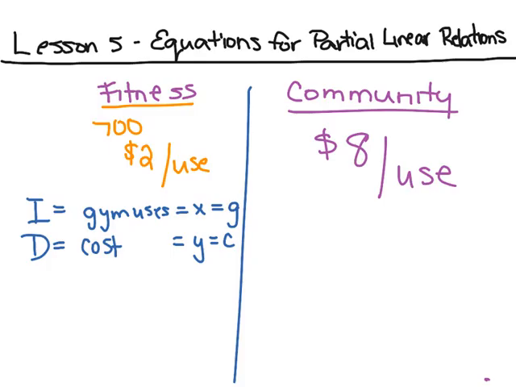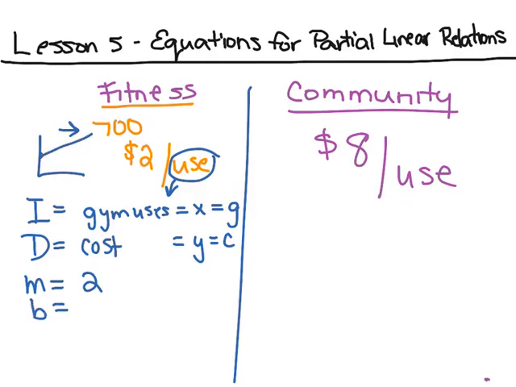Each use, every time you go to the gym, it costs $2 per use. So per means multiply, and because we're multiplying by our use, which is our x, m is equal to $2 per use. And the base fee is like our y-intercept. If we were to imagine our graph, it would start at $700 and go up.